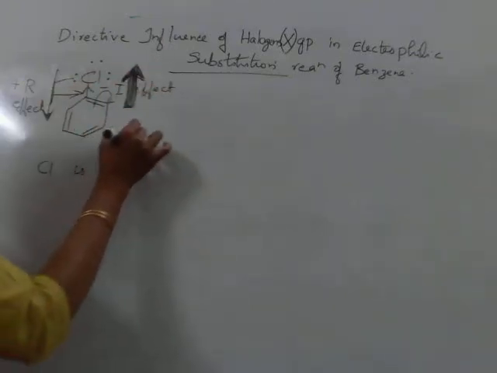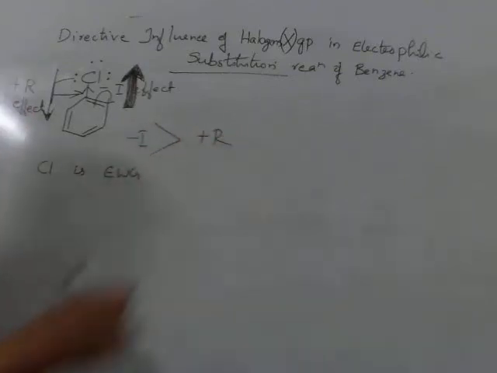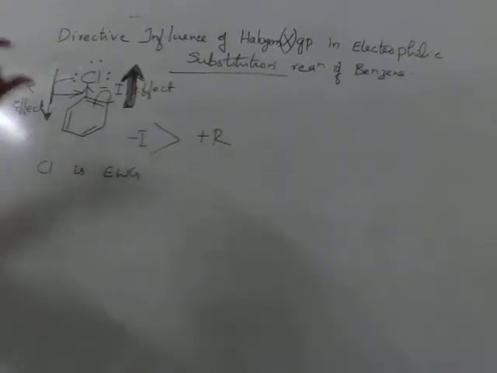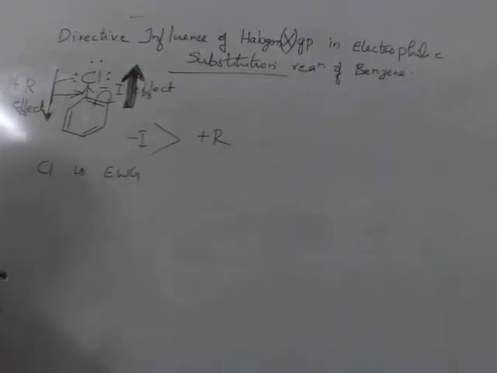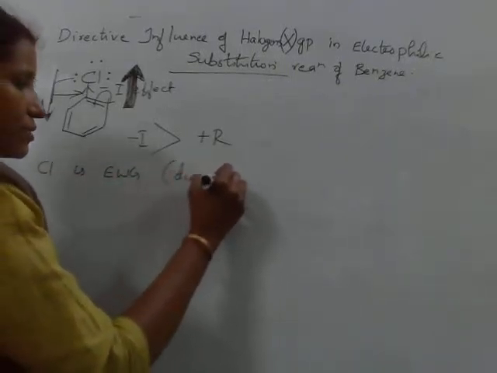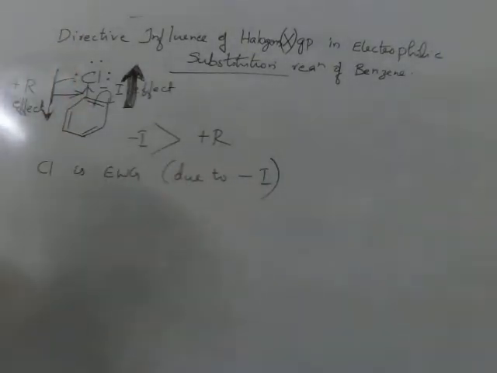The negative I effect of chlorine atom is stronger than the resonance effect. So what is the net movement of electrons? Movement of electrons is from the benzene ring towards the chlorine atom. So due to negative I effect, chlorine is electron withdrawing. This is due to negative inductive effect. Chlorine withdraws the electron density from the benzene ring. So the overall electron flow is from the benzene ring towards the chlorine atom.